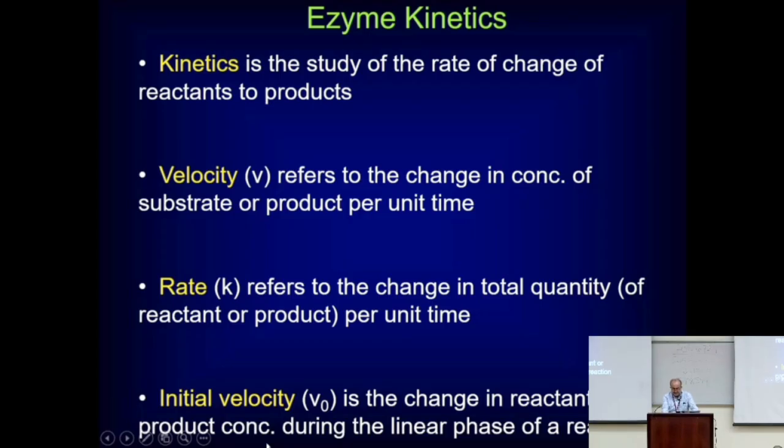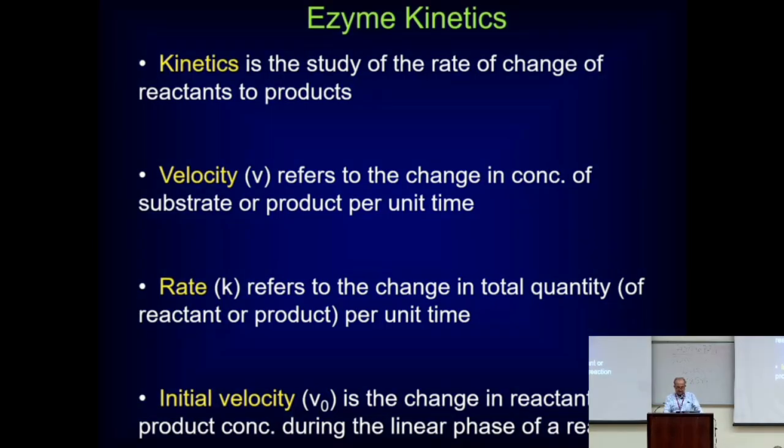Initial velocity is an important parameter, which is best described as when an enzyme reaction begins. Early in that reaction, there's not enough substrate consumed or product produced.